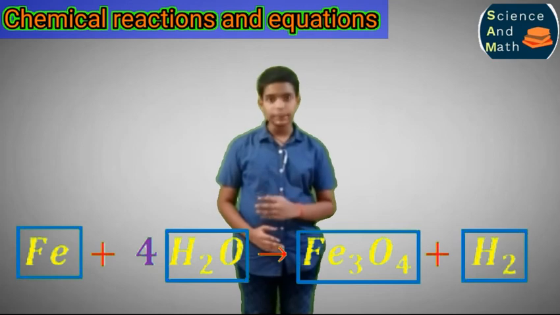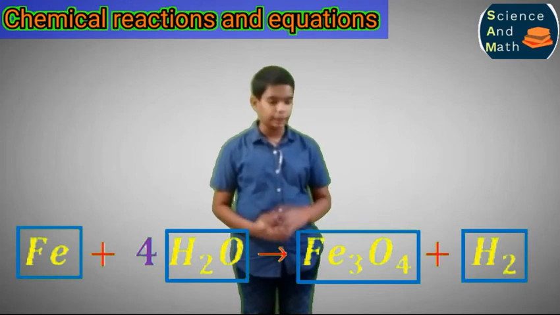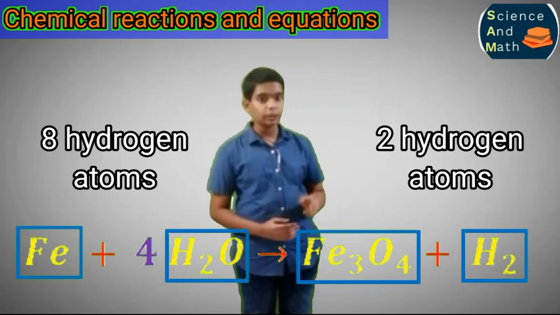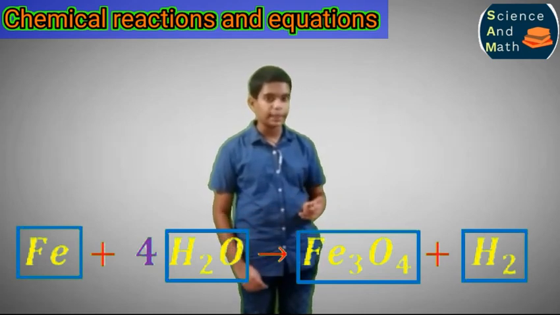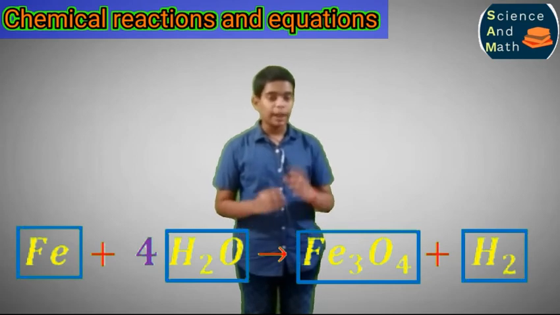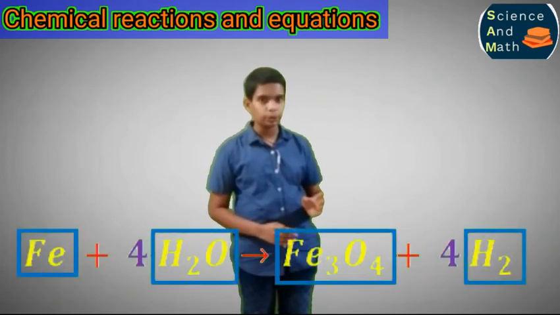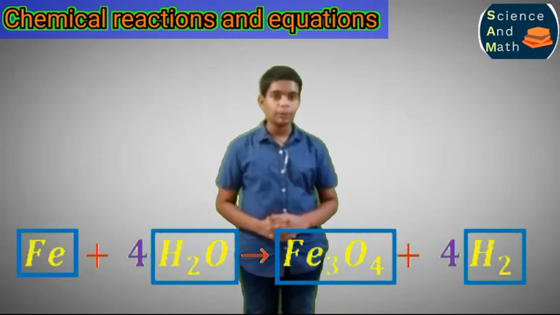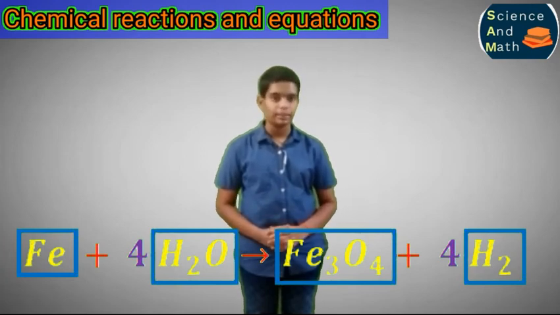Now in the reactants, there are 8 hydrogen atoms, but in the products, there are only 2 hydrogen atoms. As the hydrogen molecule is independent in the product side, it is very easy to balance it now. So, by adding the coefficient 4 to H2, the hydrogen gets balanced. The only element left to balance now is iron. So now let's balance iron.